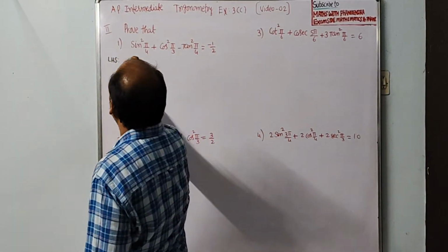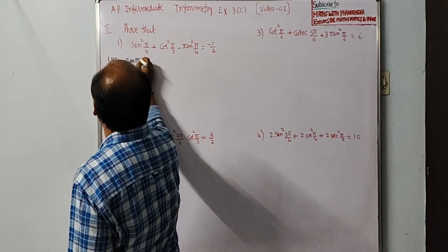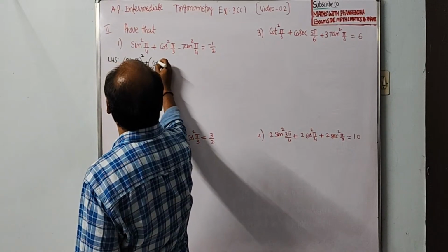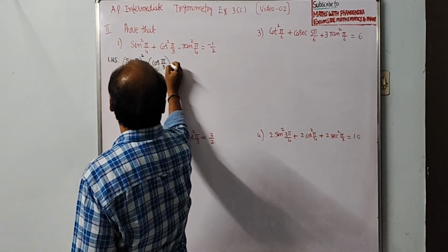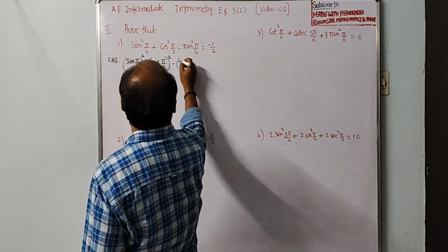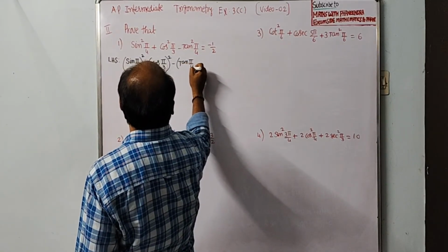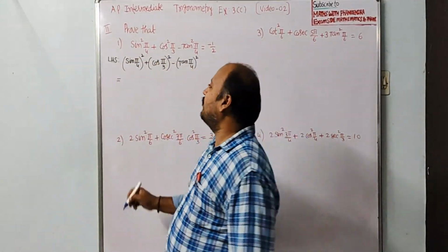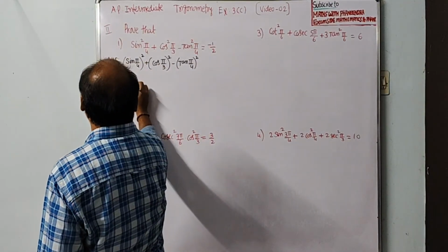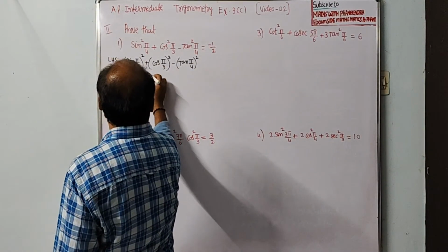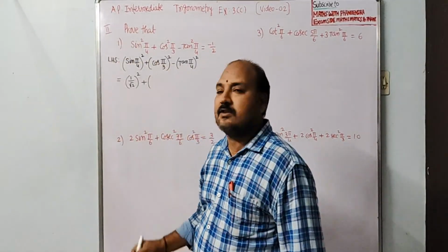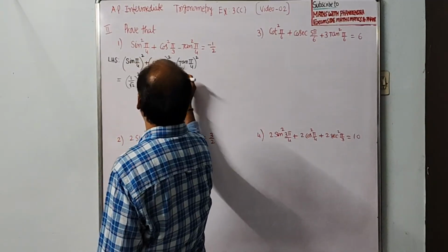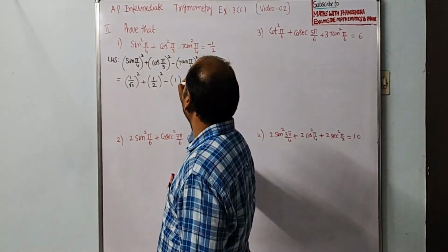Sine square pi by 4, that means sine pi by 4 whole square plus cos pi by 3 whole square minus tan pi by 4 whole square, which is equal to sin pi by 4, sin 45, 1 by root 2 whole square plus cos pi by 3, pi by 3 means 60 degrees, cos 60, 1 by 2. So 1 by 2 whole square minus tan 45, tan pi by 4, 1 square.